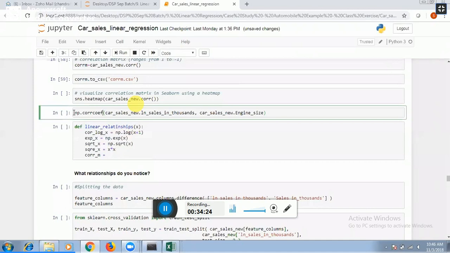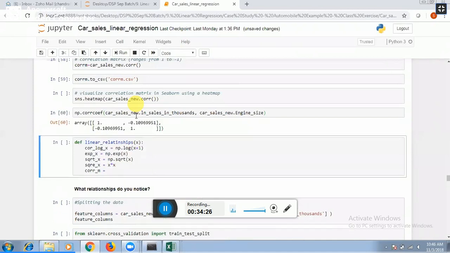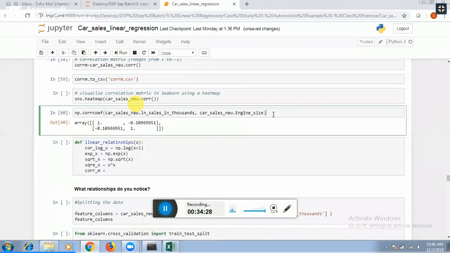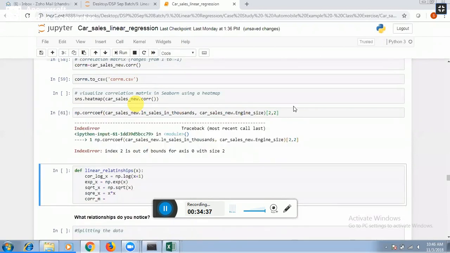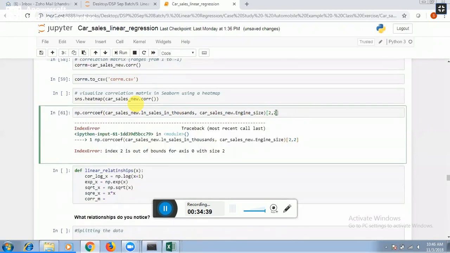If I do this, what will we get? The value is probably coming as 2,2. Sorry. How will you extract a particular value?